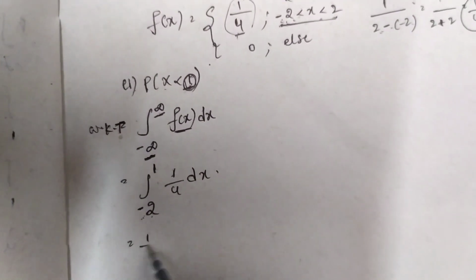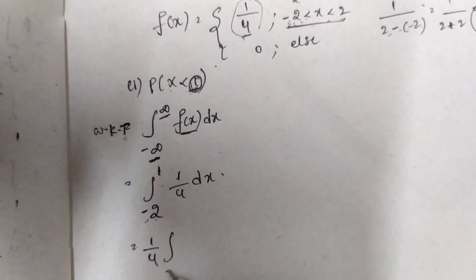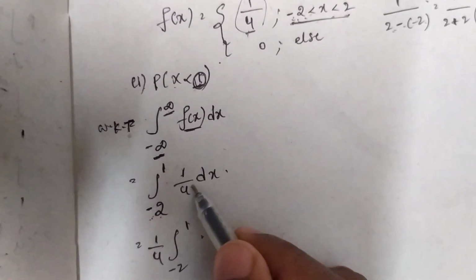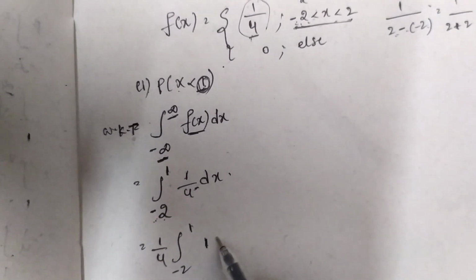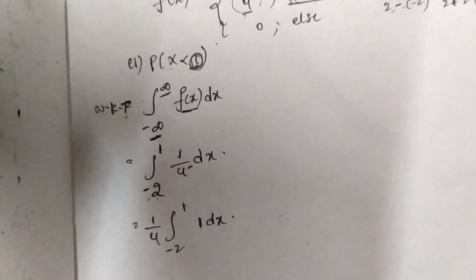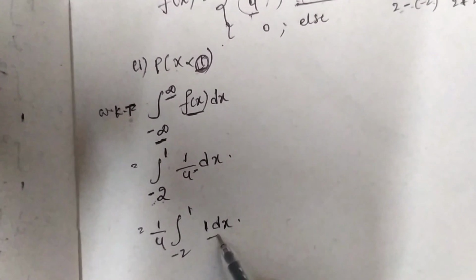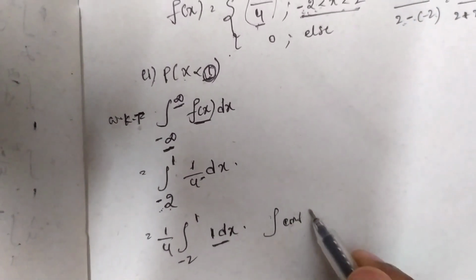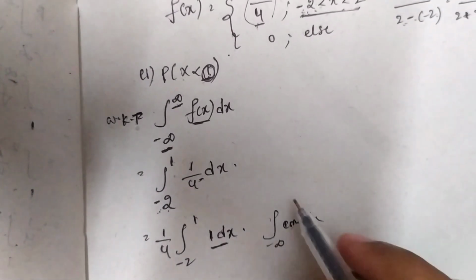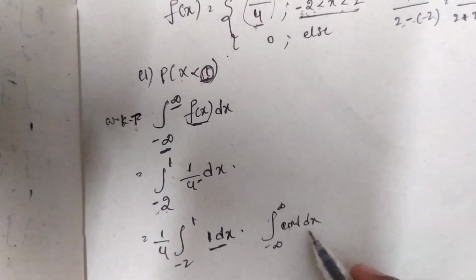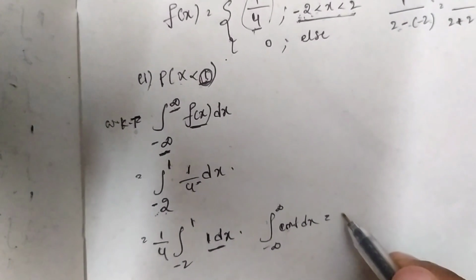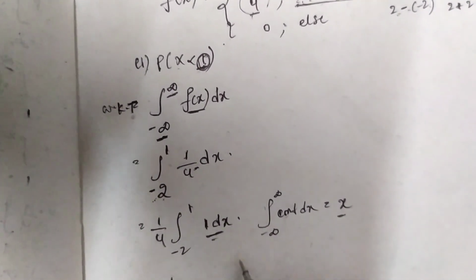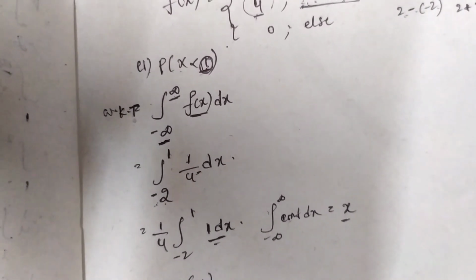Taking 1 by 4 outside, minus 2 to 1, we write 1 dx. The formula for integration of a constant dx, that is integration of 1 dx, is x. So in place of this we substitute this formula, that is x from minus 2 to 1.